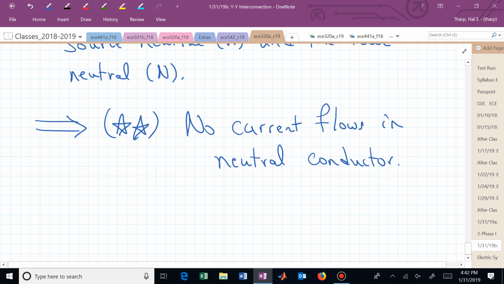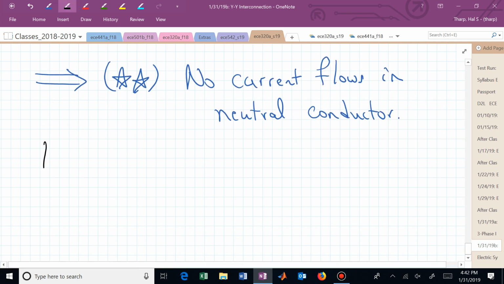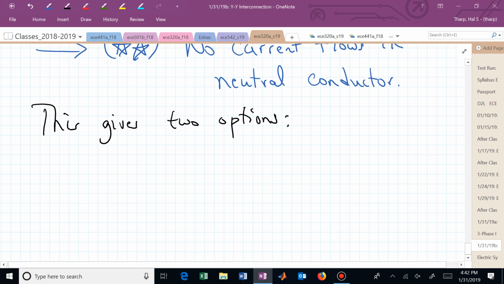So there's now no current flowing in the neutral conductor. And that actually gives us a couple of options. One option, if there's nothing happening in that neutral conductor, we could just remove it. There's no current flowing, there's no voltage dropped across it.